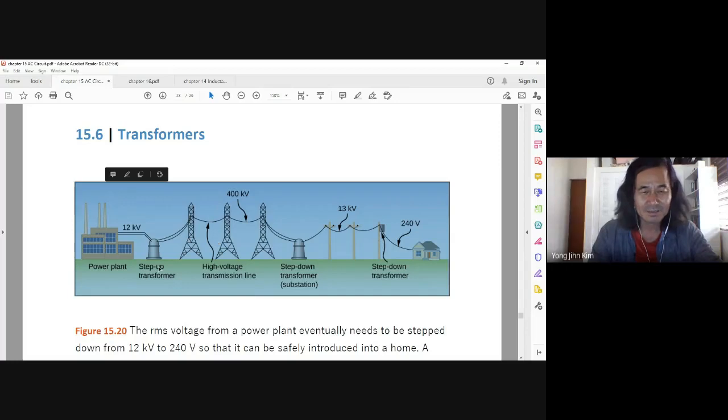To reduce the joule heating, they use a step-up transformer to increase the voltage up to 400,000 volts. This is very high. So we use the step-up transformer here. And then near the residential area, we have a step-down transformer. It reduces the voltage to 13,000 volts. And then in the residential area, we have another step-down transformer to reduce the voltage to 240 volts.